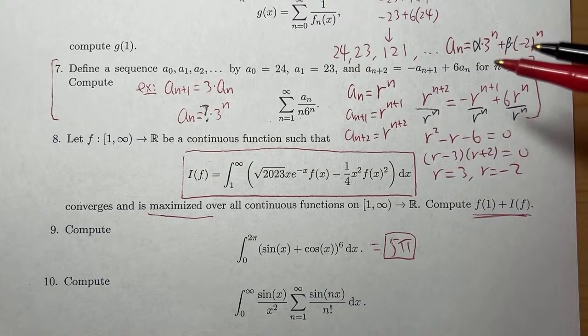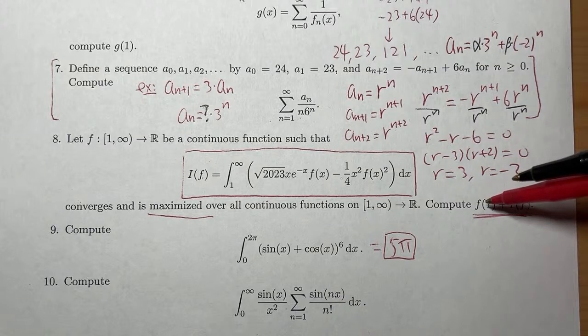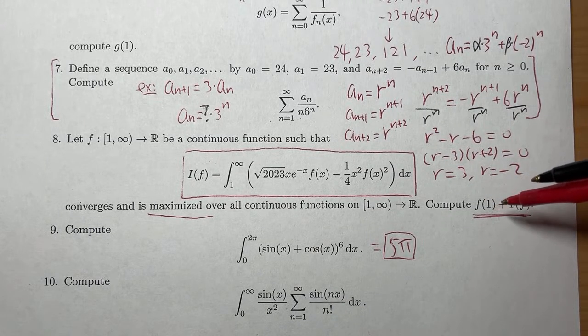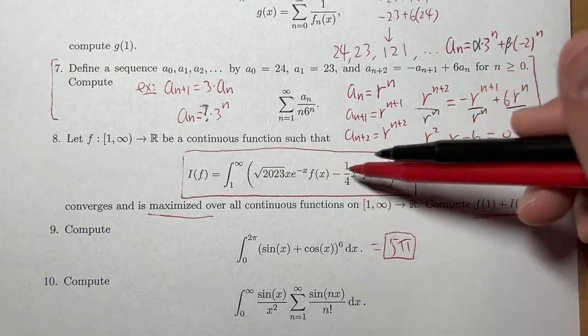Your intuition is that the lower bound for I of f is f of 1. So we are really only solving the integral at infinity. But we don't know what the function is, right? We don't know what f of x is.